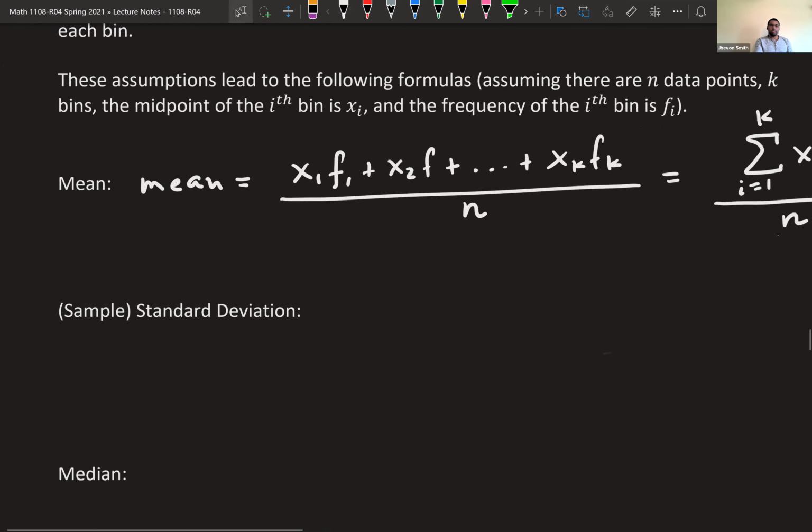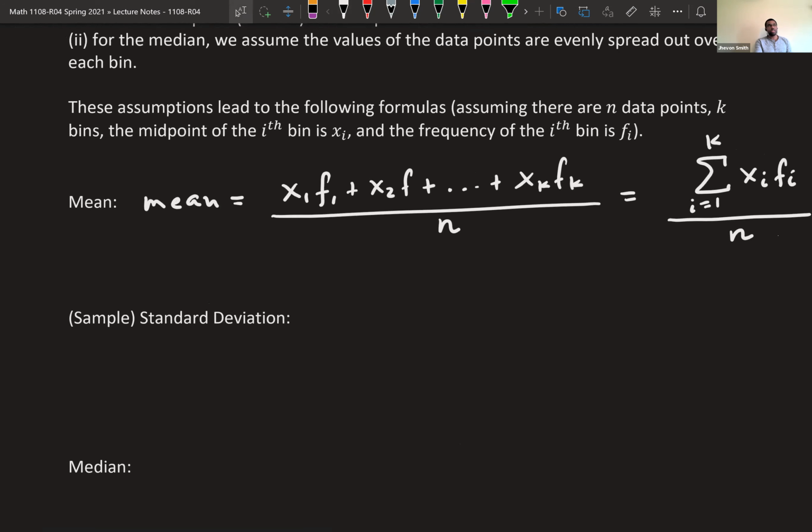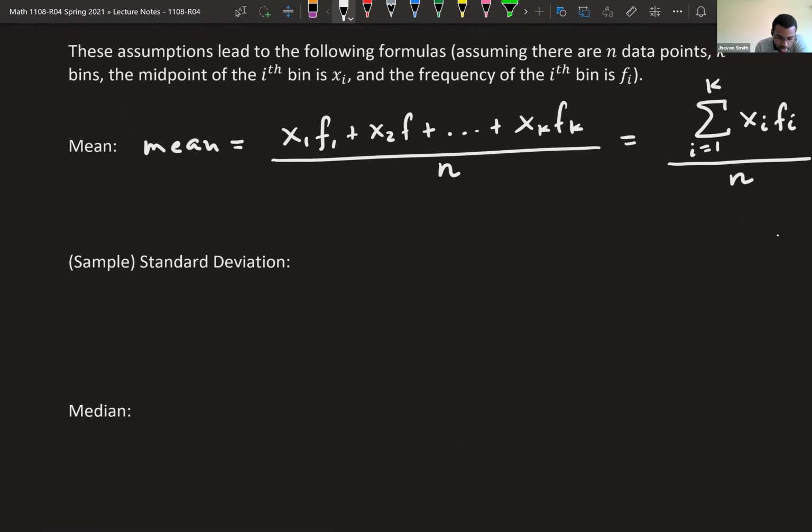Standard deviation is going to be very similar because we're repeating values, so we're going to be adding up the frequencies. So the standard deviation, S, is going to be equal to, well, you're going to have x1 minus the mean and square it, but your x1 is going to repeat for all the values in the first bin.